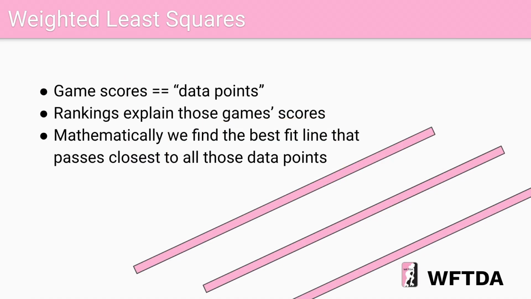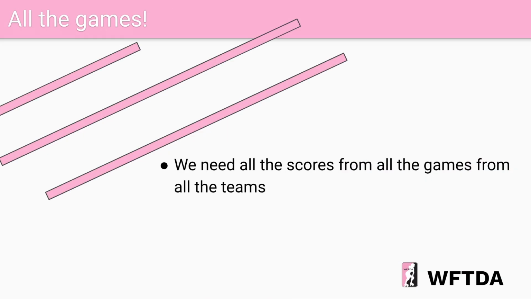We go deeper into this a little bit more and how to visualize it step by step in a future video or two. But to work with the algorithm, all you need to know is game scores are data points. We want to explain those game scores by giving each team the best ranking possible. And the mathematical way we do this is by finding a straight line that passes closest to all those data points. In order to find that best line, the algorithm needs to know all the data points it needs to account for.